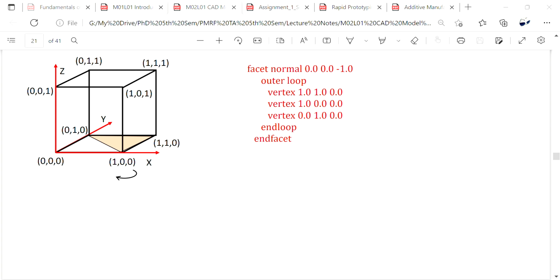Similarly, 360 more triangles required on the bottom, and on the periphery, for this complete section, we have 2 into 360, that is 720.